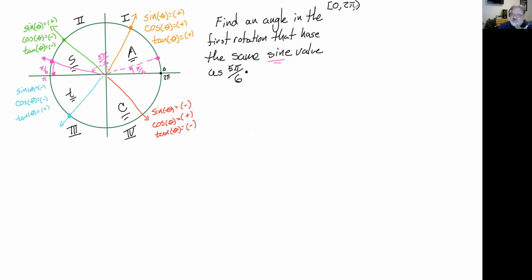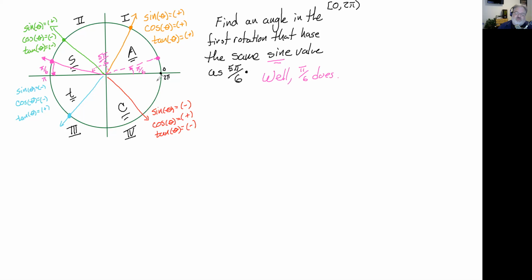So what angle in the first rotation has the same sine value as 5 pi over 6? Well, pi over 6 does. Fair? They're both going to have that same y value over the radius.